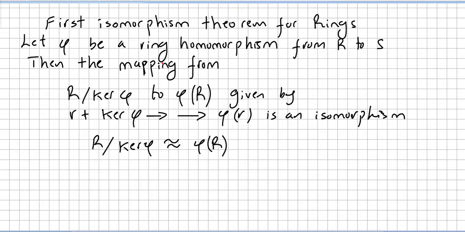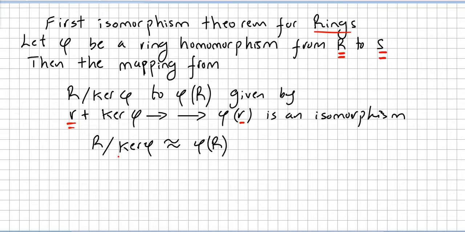Okay, we get directly into the first isomorphism theorem for rings. Let phi be a ring homomorphism from a ring R to a ring S. Then the mapping from the quotient ring R by the kernel of phi to the image of the ring through phi, phi of R, given by r plus the kernel of phi goes to phi of r, is an isomorphism.